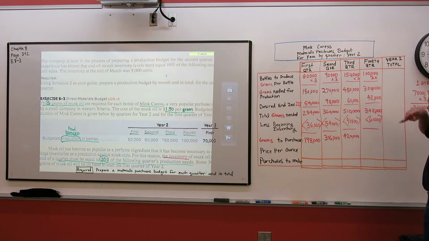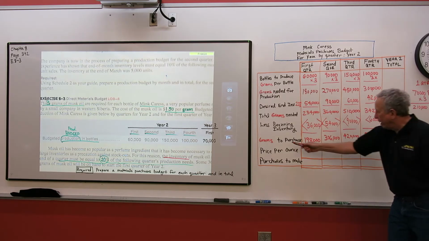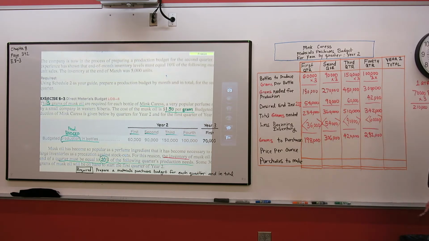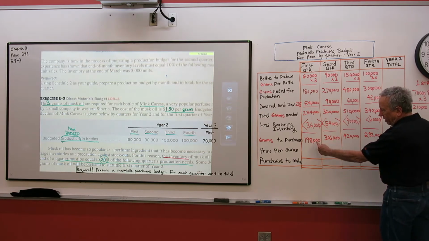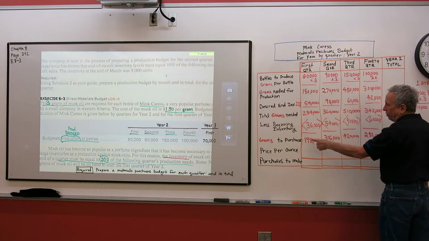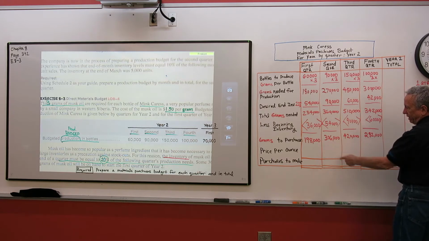And then 60 from 342, that's going to be 282,000 grams. Okay, so we've got grams to purchase. This is it. That's done. That is now, we need to go get into our purchase contracts for 198,000 grams of musk oil, and we need to do that in the first quarter. Second quarter, we need to go get purchase contracts on 306,000 grams.